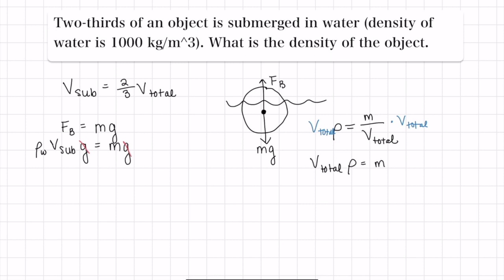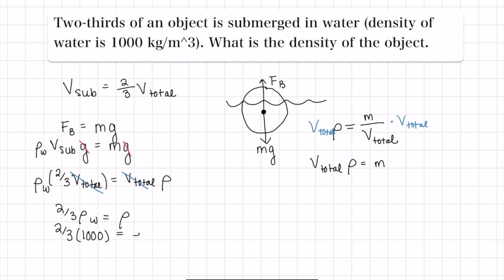We'll substitute that in, and we'll also substitute in that 2/3 V total for V sub. Then we can cancel out a V total from both sides, and we'll get that 2/3 the density of water is equal to the density of our object. So 2/3 times 1,000 is 667 kilograms per meter cubed.